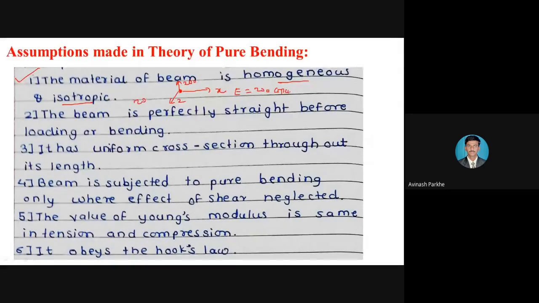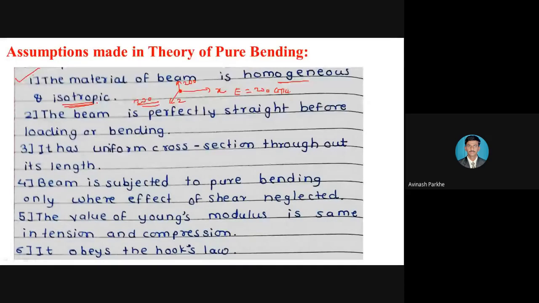That means in all the three directions, if your material property is same, then I can say that that material is isotropic. What is the definition of isotropic? If the material property of that particular beam is same in all directions, that beam will be isotropic.